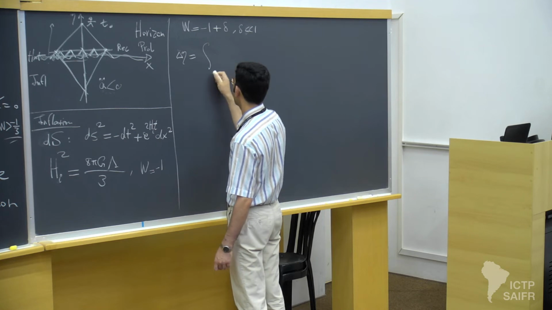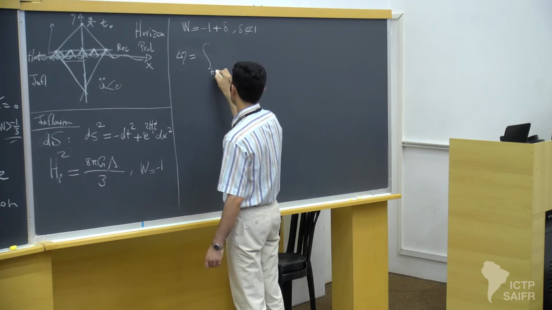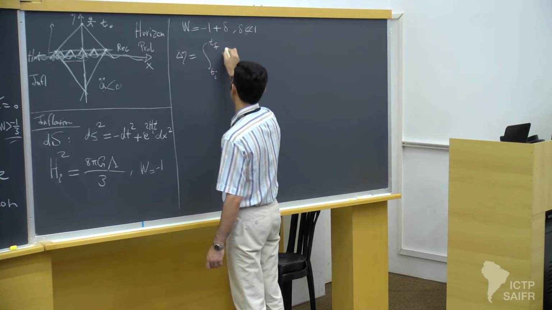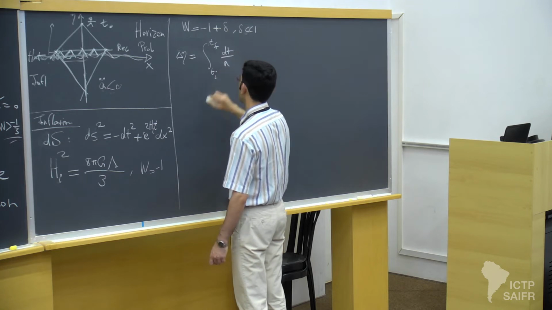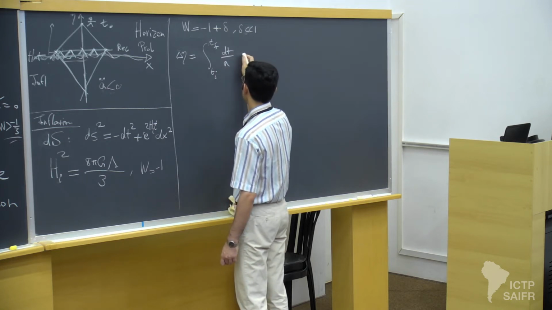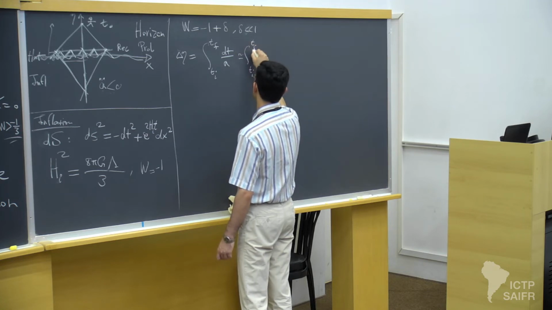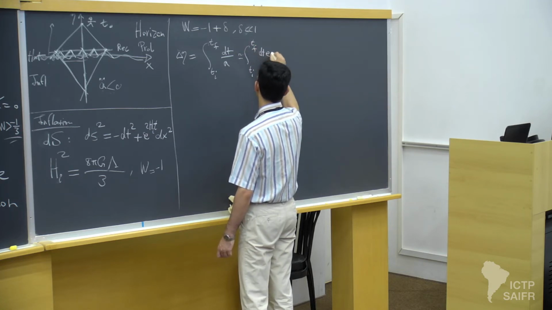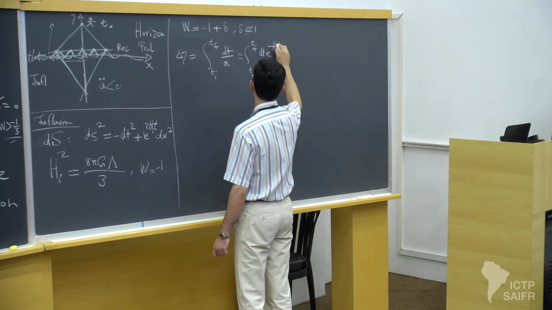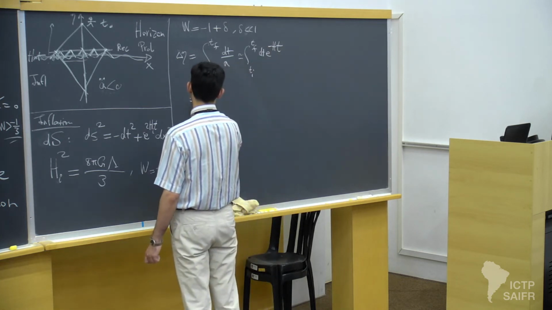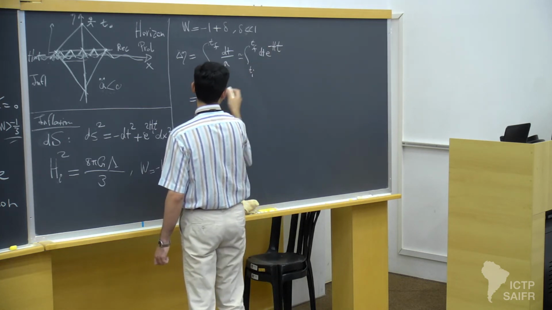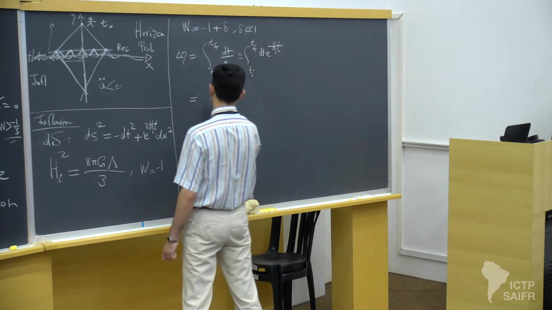So this delta eta from Ti to Tf, dt over a, if we are approximately de Sitter, is given by the integral from Ti to Tf of dt e to the minus Ht, and this is Hi.